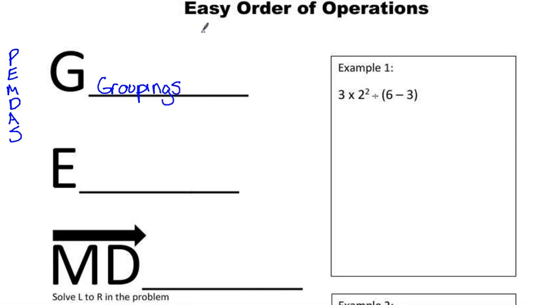And those are brackets. And those look like this. We have parentheses. They look like that.